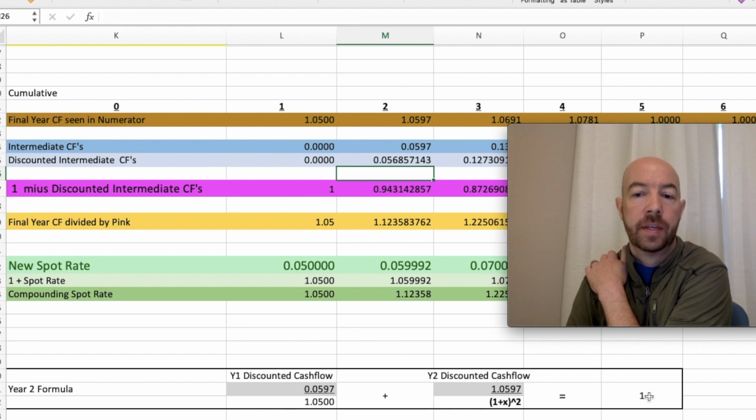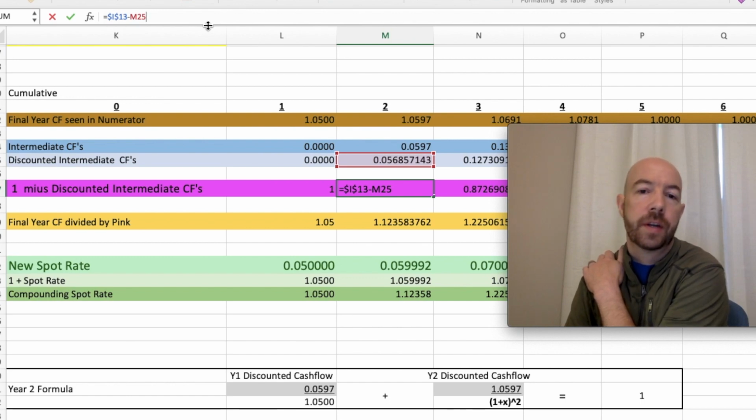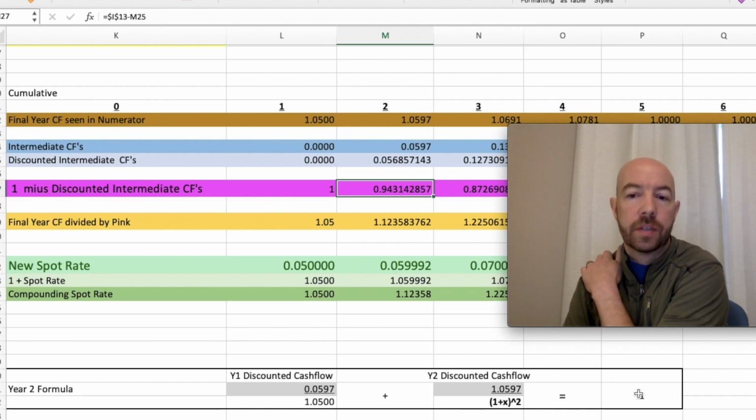This will go away. This will become some number less than 1, right? So that's what we're doing here. We're discounting this. We're finding the discount of the intermediate cash flows in year 2. We're dividing it, discounting it, and then subtracting it from 1. So that's why we get to 0.943, so some number less than 1.